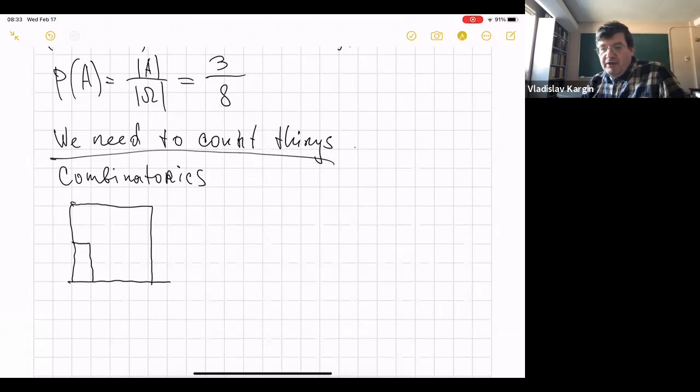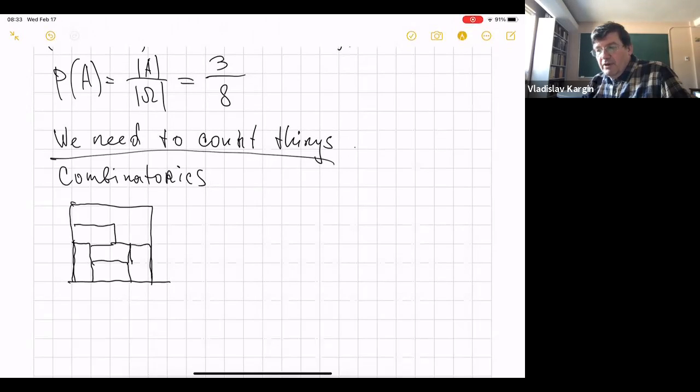And you can tile it with dominoes. The domino has just 2 squares. The board has much more squares. An 8 by 8 board would have 64. And you can look at the number of ways to tile the board with dominoes.